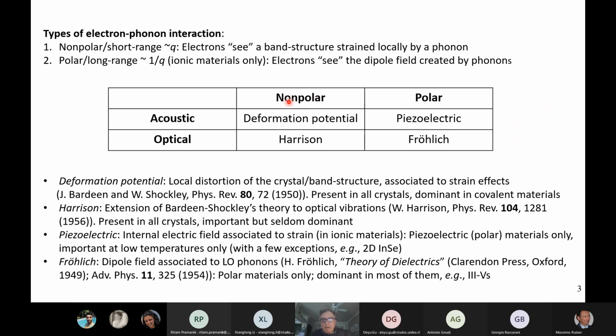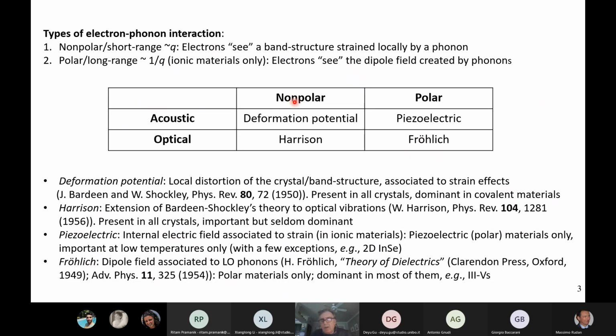We saw that they can be categorized into two main groups, non-polar interactions. I mean, everything is Coulombic eventually, ultimately, but non-polar means that we're dealing with phonons, acoustic or optical, and the electrons feel the perturbation that the presence of these phonons view as strain caused to the band structure of the system.